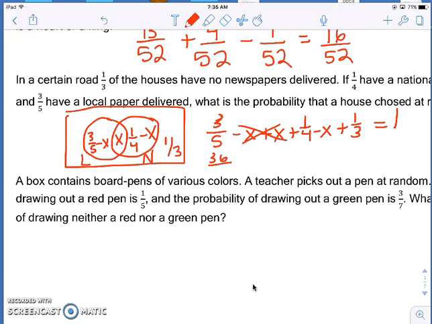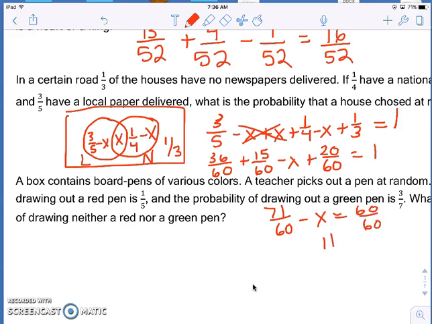So 36 out of 60 plus 15 out of 60 minus X plus 20 out of 60 equals 1. So 36, 46, 56, 66, 71 out of 60 minus X equals, I'm going to write that as 60 out of 60. So X has to be 11/60.